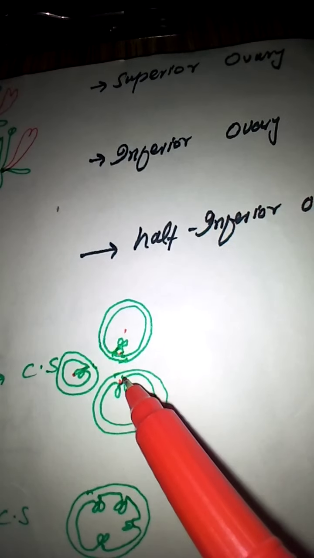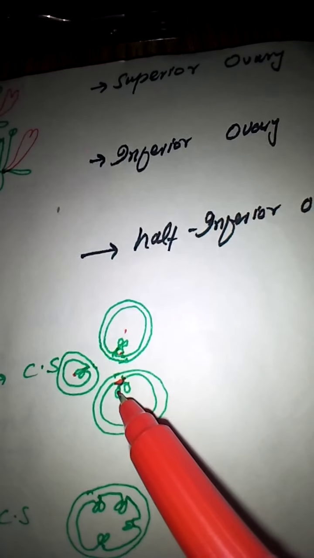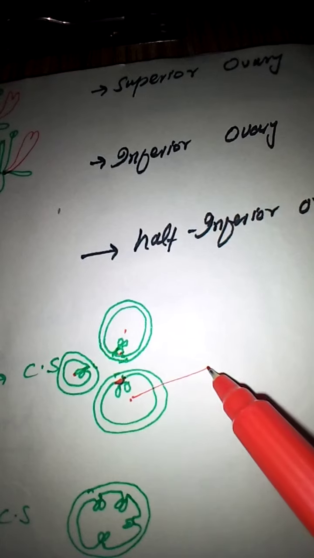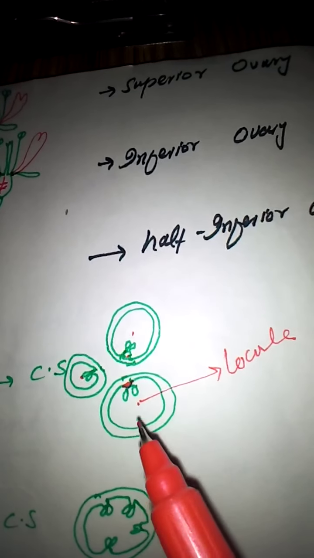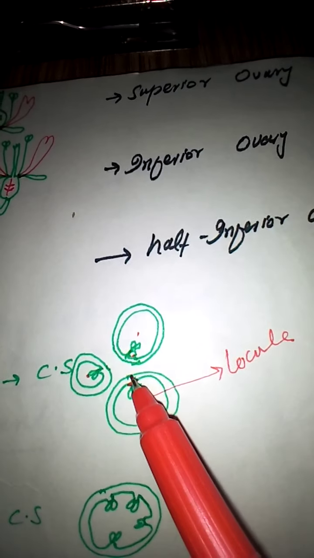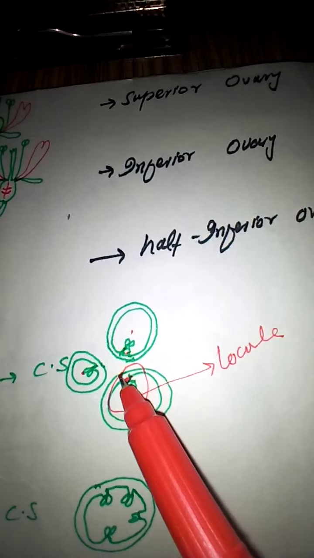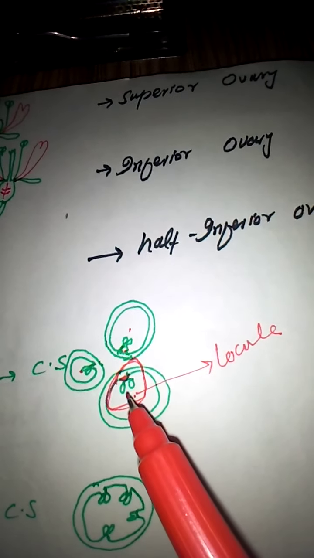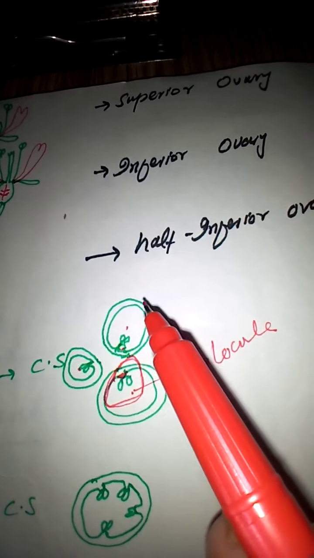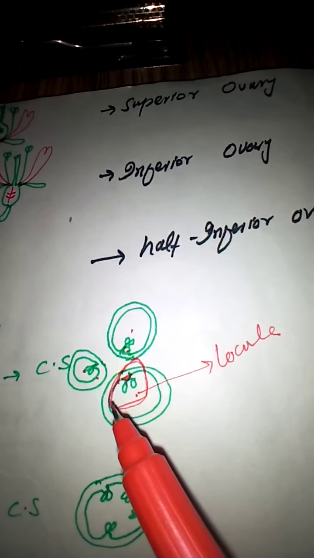This is the placenta, while this cavity is known as locule. So this is a separate carpel because it bears ovules. So this is carpel number 1, 2, 3, and they are free. So this condition is known as apocarpous.